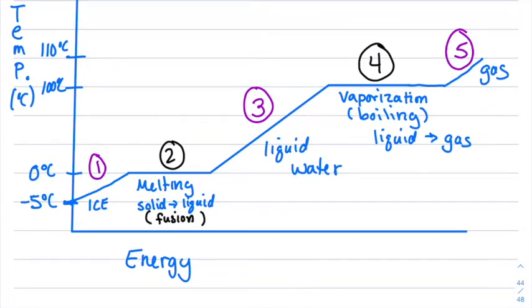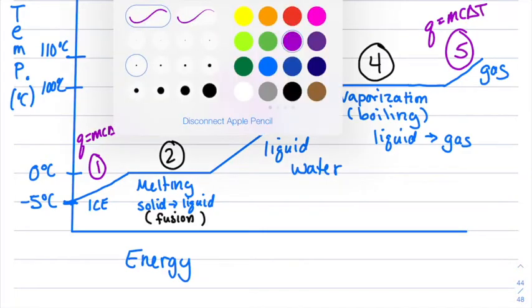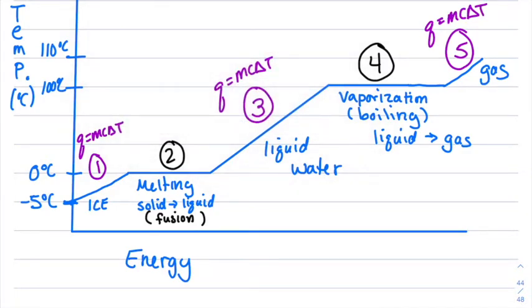So everywhere that I have in purple here, 1, 3, and 5, those were all Q equals MC delta T. And everywhere I have labeled in black, that's 2 and 4, these are delta H values. So number 2 is delta H of fusion, and number 4, delta H of vaporization.